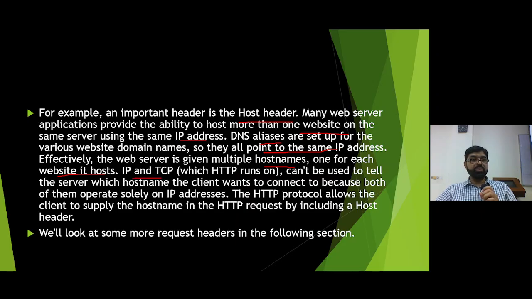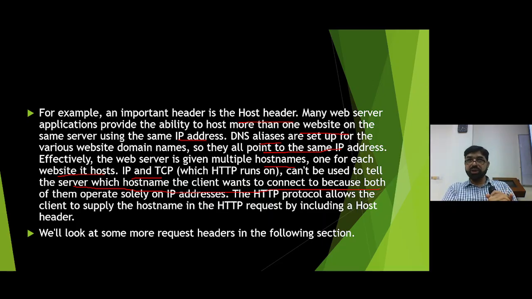So IP and TCP, basically HTTP runs on the IP protocol and TCP protocol, and they can't be used to tell the server which host name the client wants to connect to. Basically, the TCP and IP protocols have no idea which specific host name is being requested. The IP protocol does not read your request for a specific file, the index.html or whatever PHP file, right?